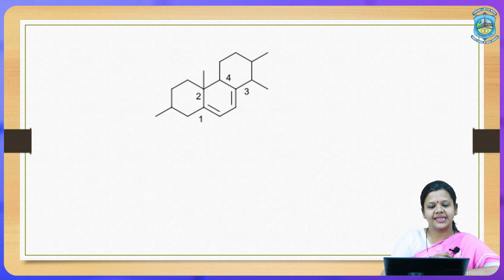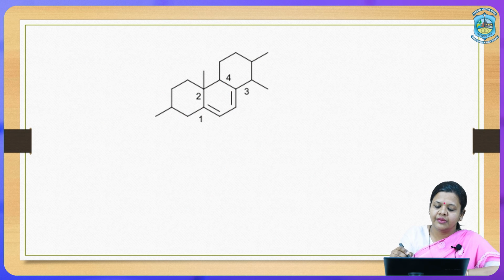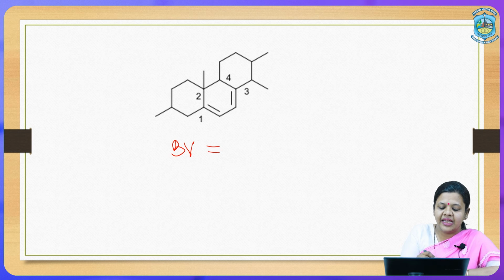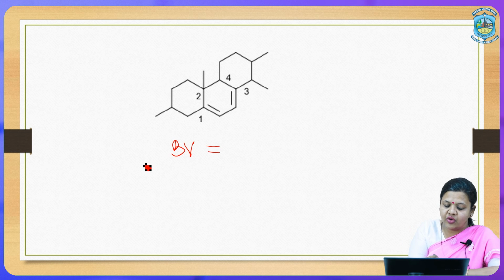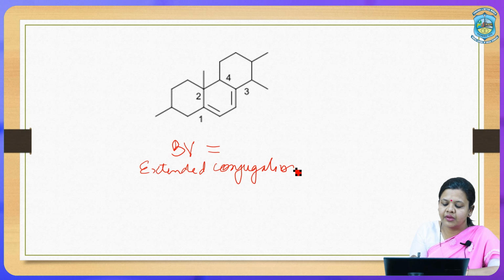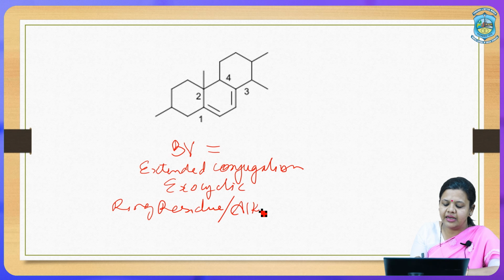We can take one more example. First we will write the base value, then we have to write extended conjugation, exocyclic bond, and ring residue or alkyl substitutions.